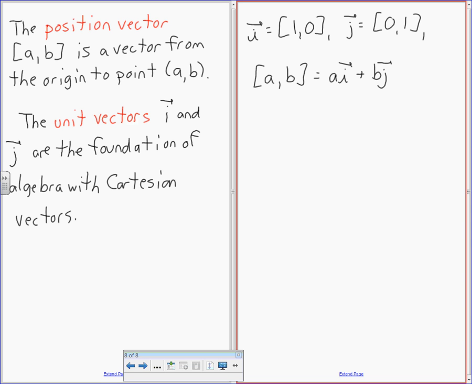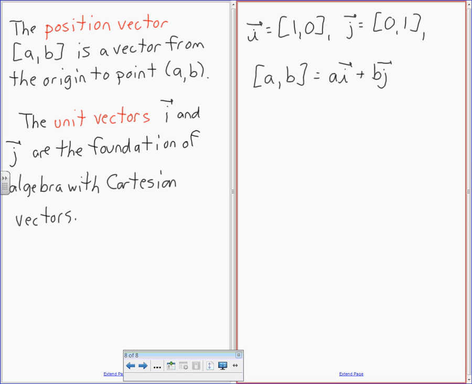So basically, and this is a nice thing for us in math class, and this is why I love this unit, all of a sudden we can change vectors from arrows on paper to algebra. And for me as a math teacher, I like that. I like algebra. All right. So the idea is, what do we do to our vectors here?